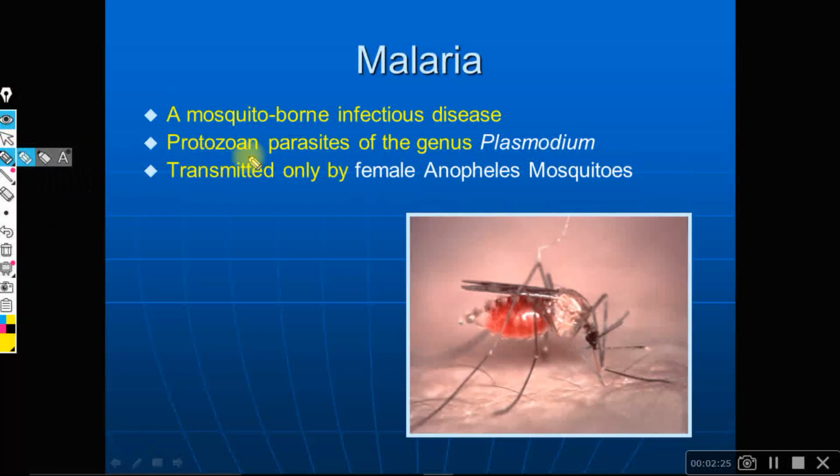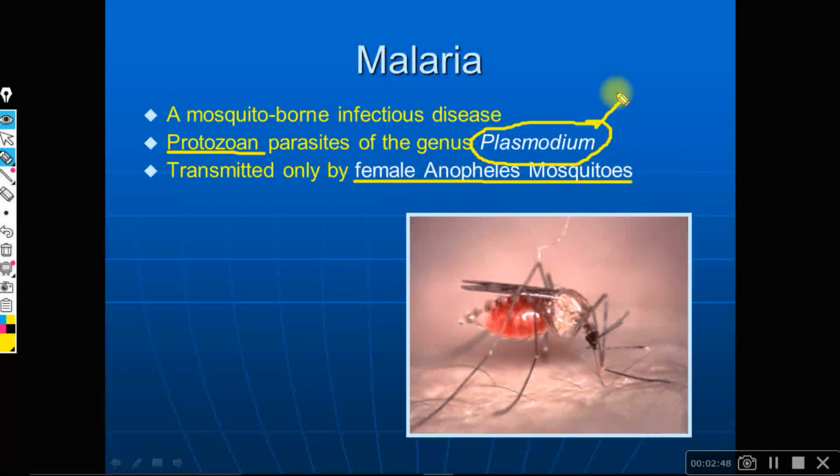Okay, now it is definitely produced by protozoa, right, parasites from the genus Plasmodium. They are the ones which are responsible for malaria, but it is transmitted only by the female Anopheles mosquito, right.